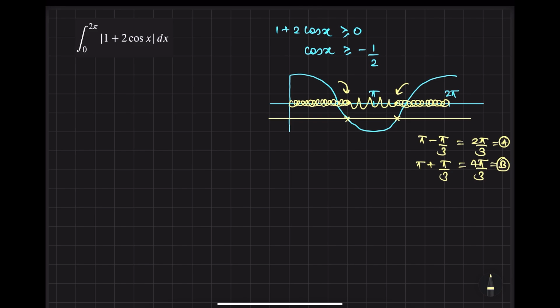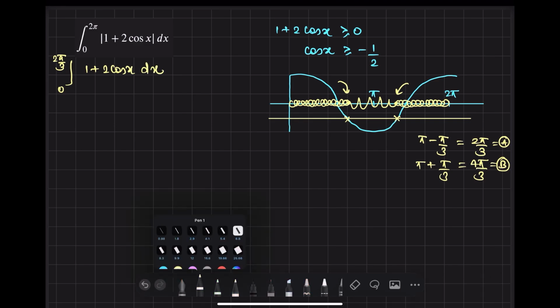Okay. Now let's segregate the question. So we have first room as 0 to 2 pi by 3. So in this room it will open with positive sign, 1 plus 2 cos x dx. Now second part is, it will open with negative sign because yellow is above blue.